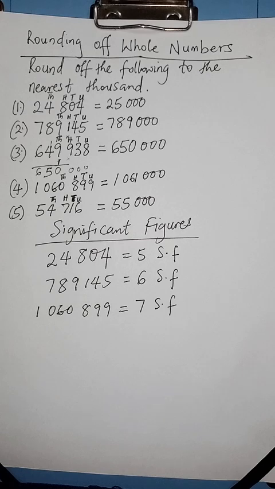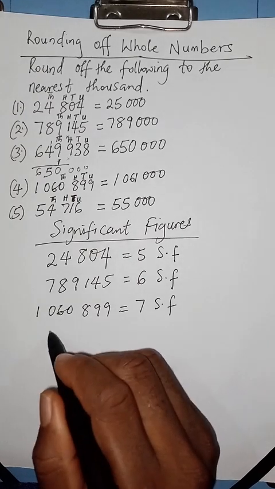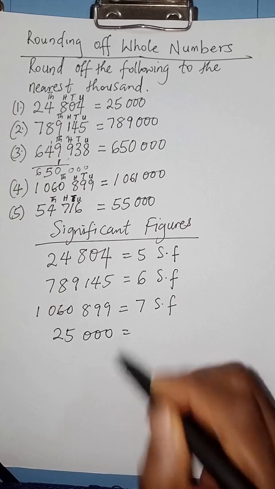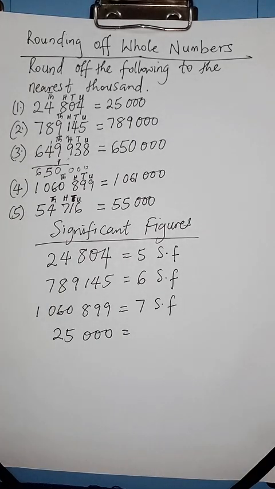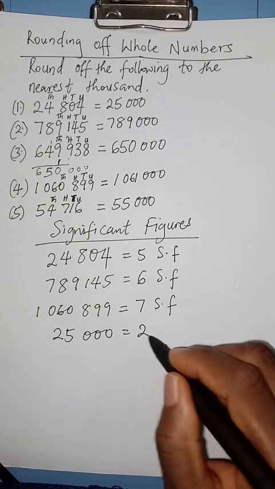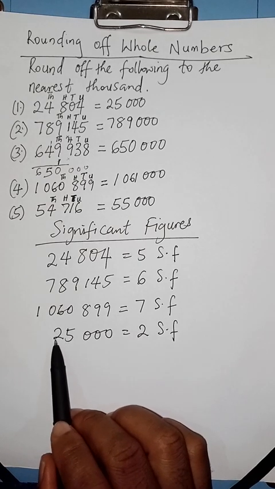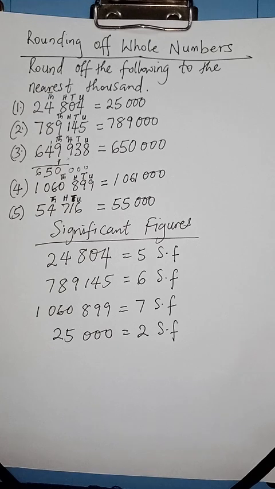Now let's try another example. Let's assume I have 25,000. Now, how many significant figures are here? It is just 2. The 5 and the 2. That's 25. They are the significant figures. Why?